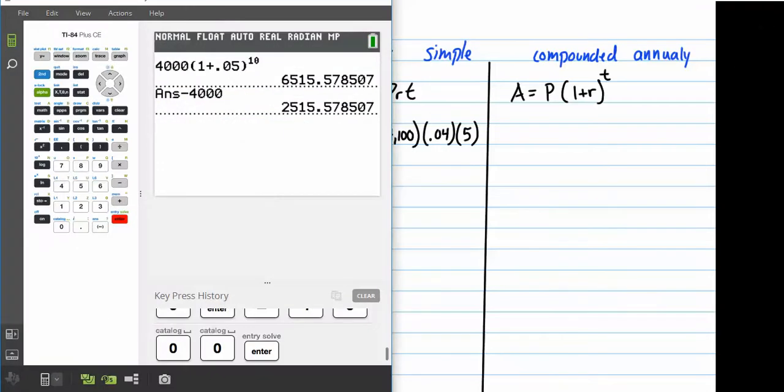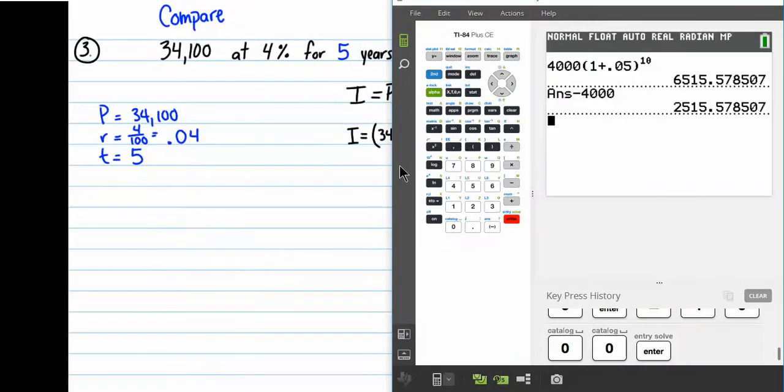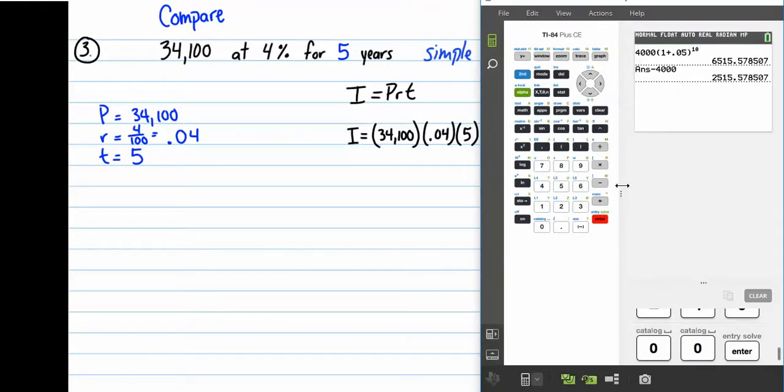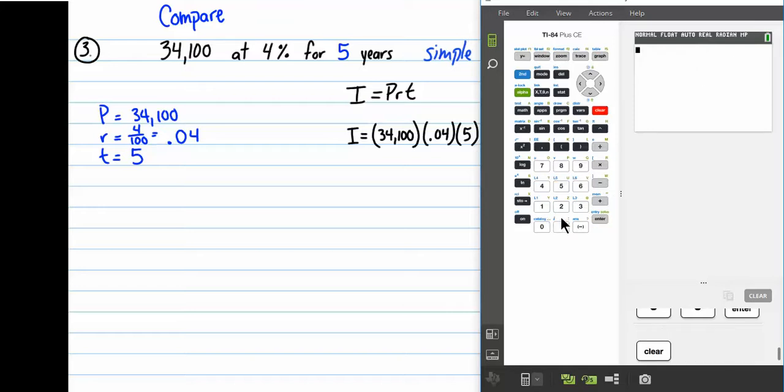Now you can do it on Solver. Get more space here. Okay, you can do it on Solver, but I'll just do it here at the home screen. So what's 34,100 times 0.04 times 5 years. Now the numbers that I chose, by the way, I'm hoping it's what you would think for a car.